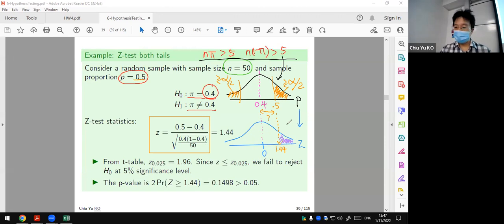Okay, so the same thing here, right? Since this is normal, because this area is 1 minus the left-hand side, it's 1 minus norm.S.dist of this 1.44, true.